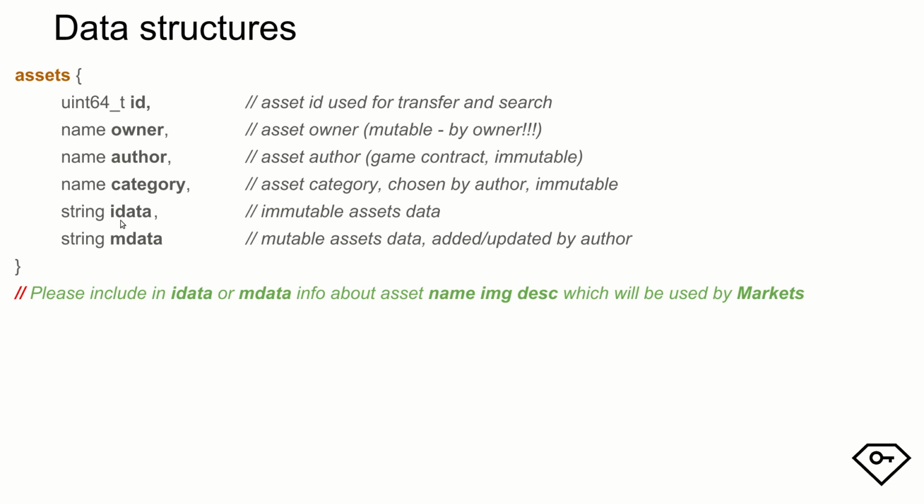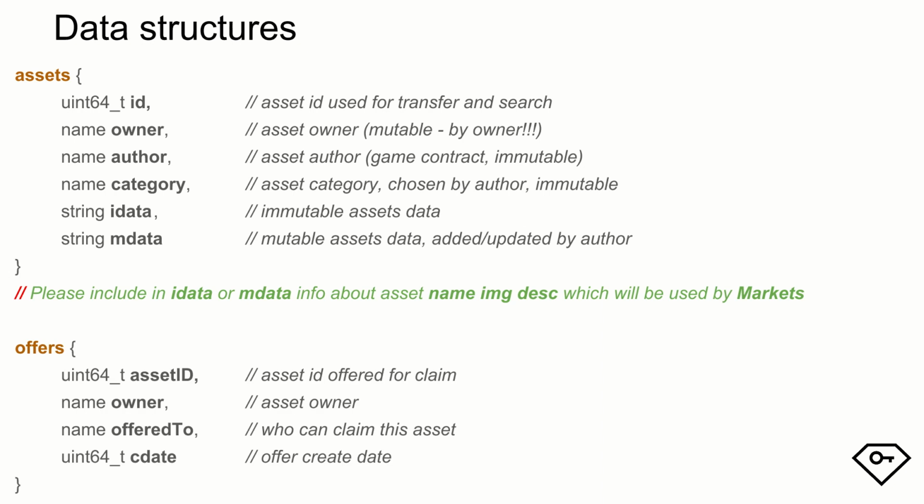Doesn't matter if they're immutable or if they're mutable fields, but we suggest that asset creators include these 3 fields and that marketplaces look for them, and those will be the basis for displaying a digital asset in simple assets. There's a table for offers, pretty self-explanatory who is offering to whom. We decided to add a date in there as well.